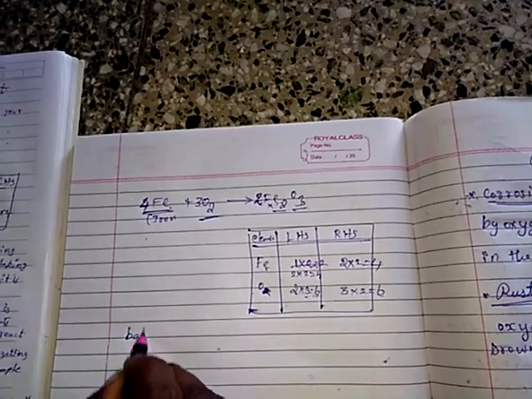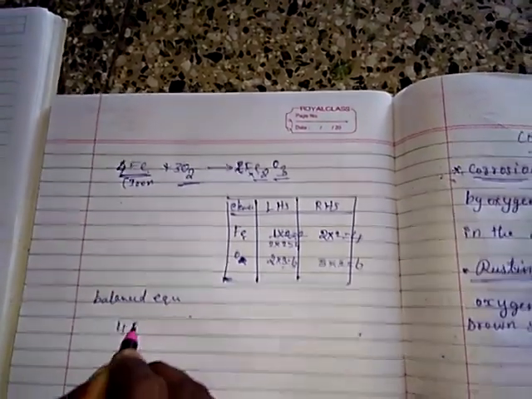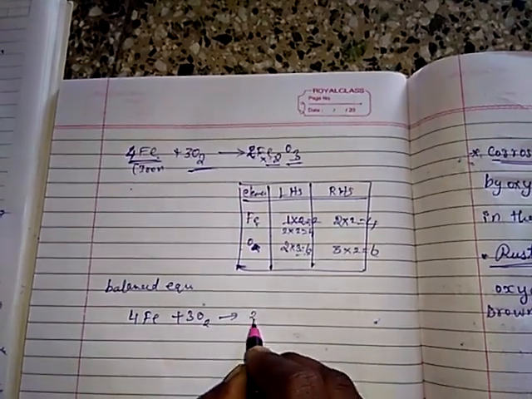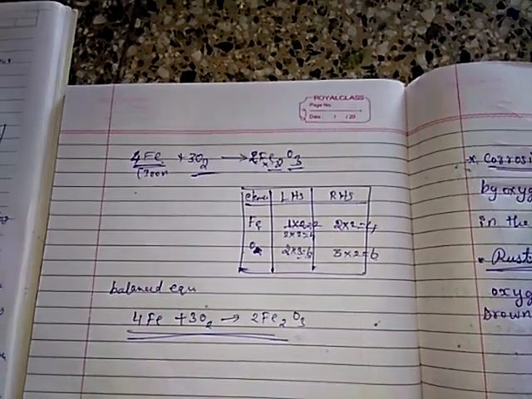So the balanced equation is 4Fe plus 3O2 gives 2Fe2O3. This is the balanced equation.